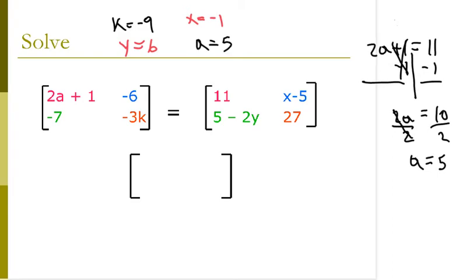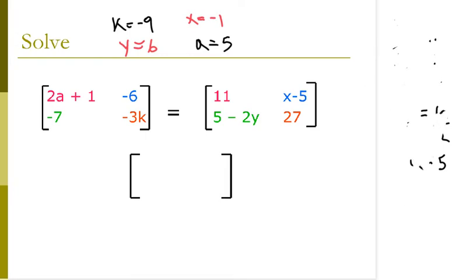If we wanted to write the solution, then we would have to evaluate the expressions.